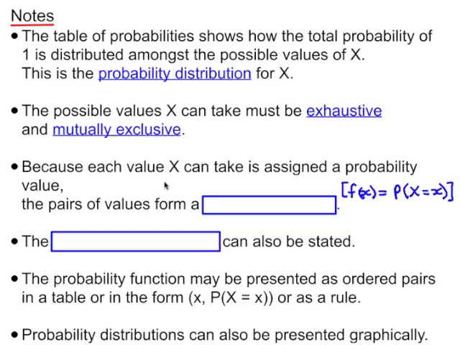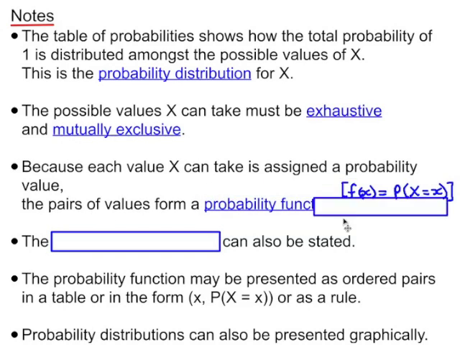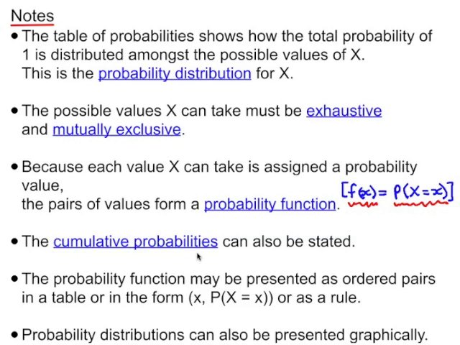Now, because each value x can take is assigned a probability value, the pairs together form a probability function, and so we can use the notation f of x to represent the probability that x can take each different value. We can also state cumulative probabilities, as in the previous example. Now, going back to that notion of a probability function, we can give the values as ordered pairs.